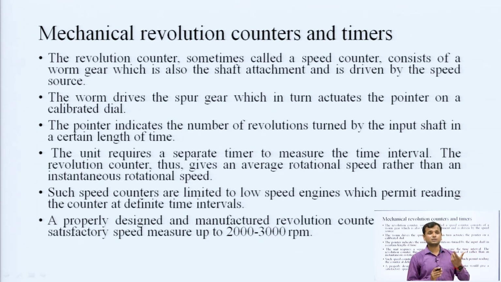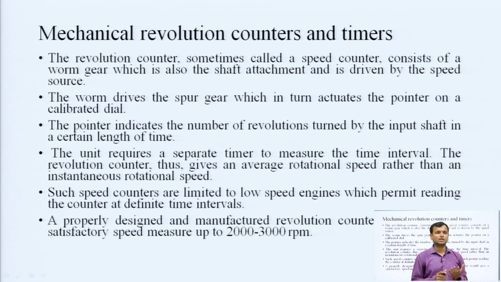So, the mechanical flyball tachometer is used for the average rotational speed, and the mechanical revolution counters and timers are also used to measure the average rotational speed rather than the instantaneous rotational speed.